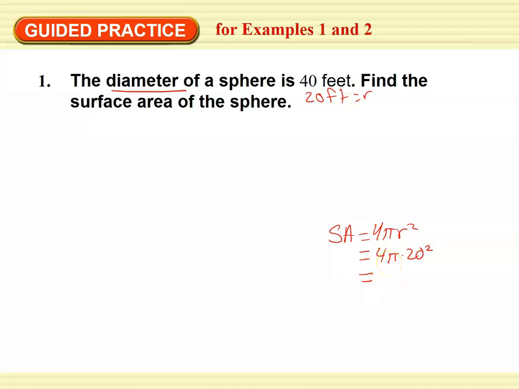And 20 squared times 4 is 1600 pi. We're talking feet and surface area, so feet squared. And so you can write your answer as 1600 pi feet squared. Or if you just typed it all into your calculator, you would have gotten 5,026.55. And again, feet squared.